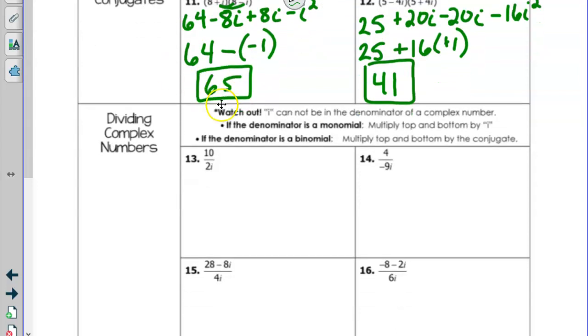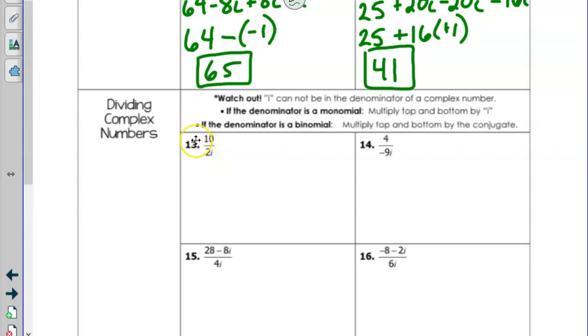The first few, we only have an i down here. So let's try this one. If it's a monomial, we're going to multiply the top and the bottom by i. So we're keeping it proportionate, basically multiplying by 1. But it's going to move the imaginary up into the numerator. So if you go straight across, 10 times i gives me 10i.